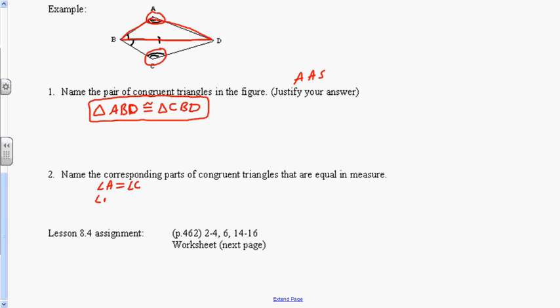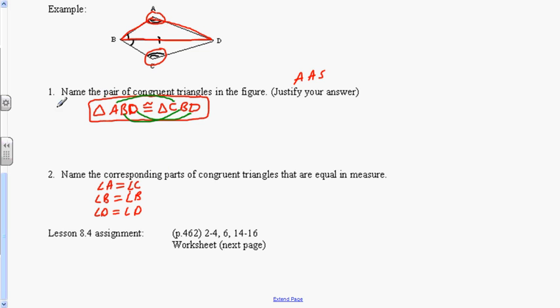And again, this part's obvious. If there are two separate triangles, it would be more interesting, but angle B equals angle B, and angle D equals angle D. So all I'm doing is matching up A with C, B with B, and D with D.